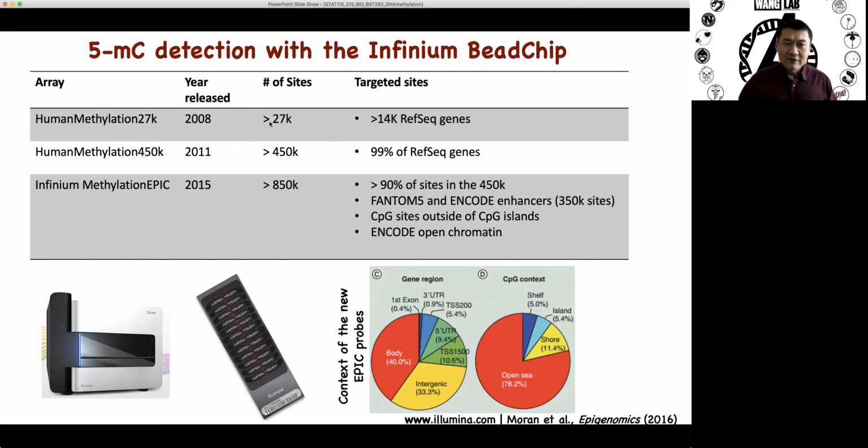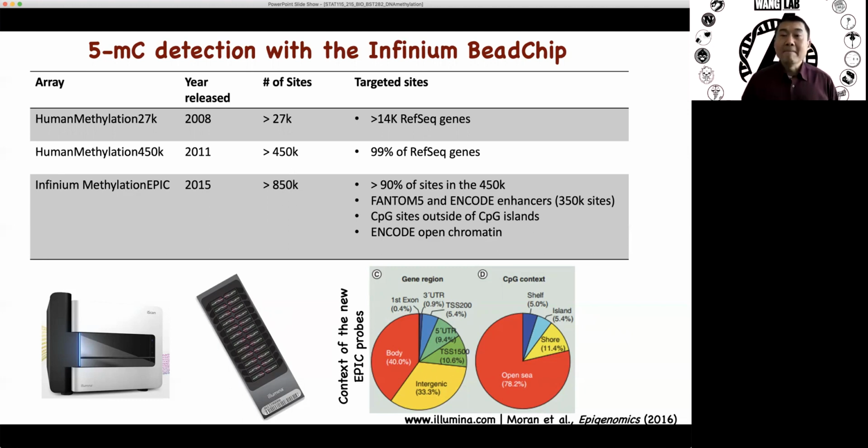Then there's this 27K array, and the 450K array is the most widely used one. Most of the data in the public domain are this 450K array data. Recently, people switched to the 850K array to get even better coverage. But how many CpGs are there in the human genome?